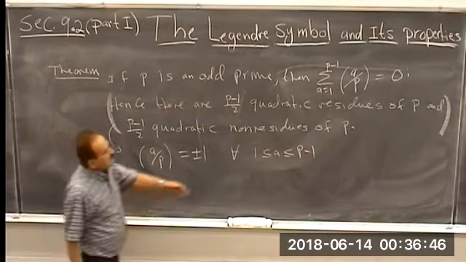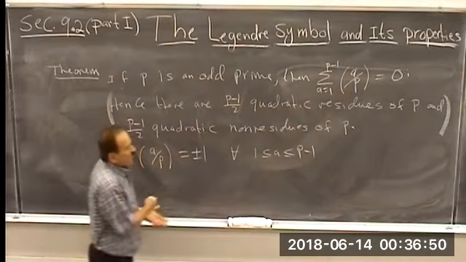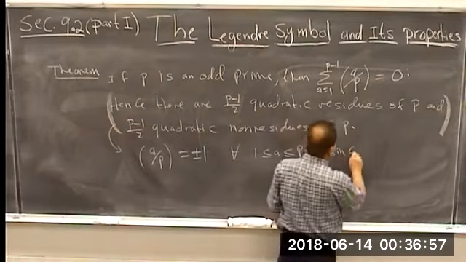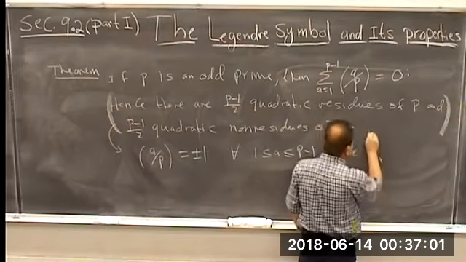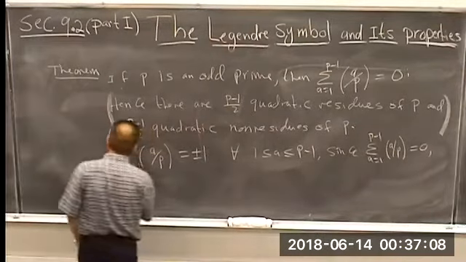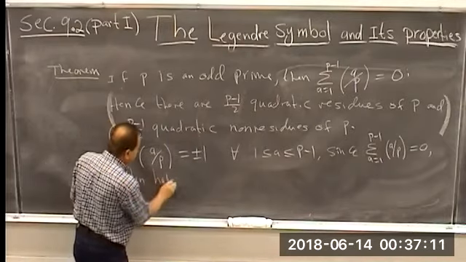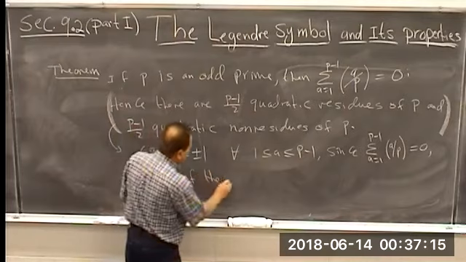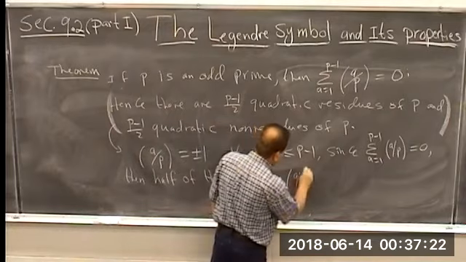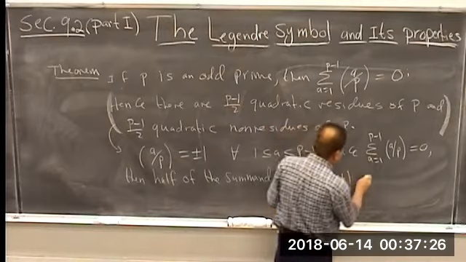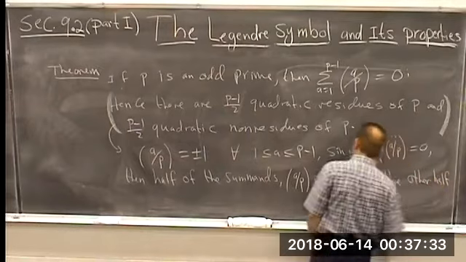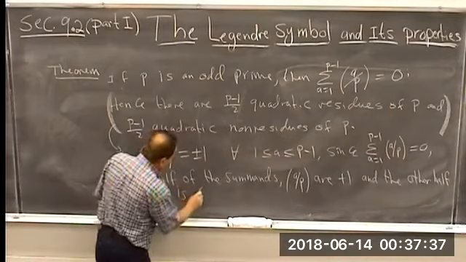So if their sum is equal to 0, then half of the summands, those with A over P, are positive 1, and the other half are negative 1.